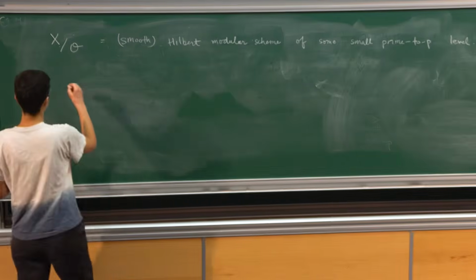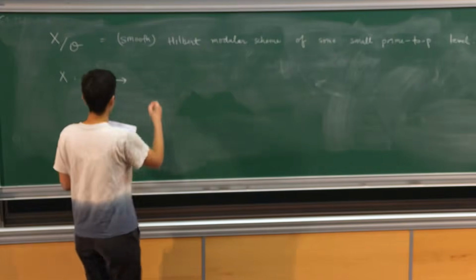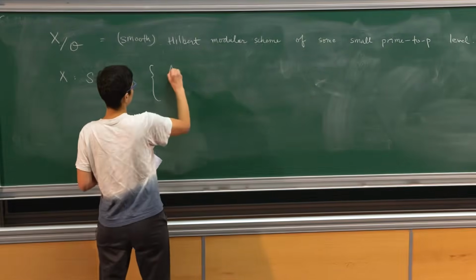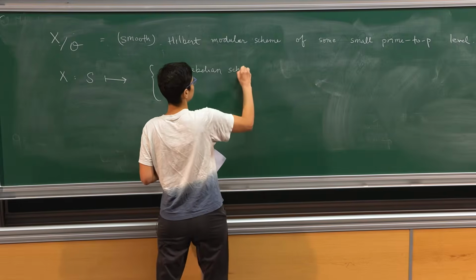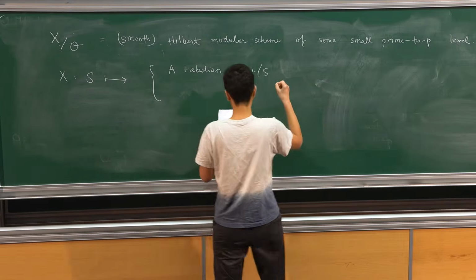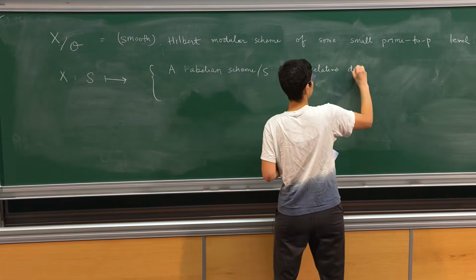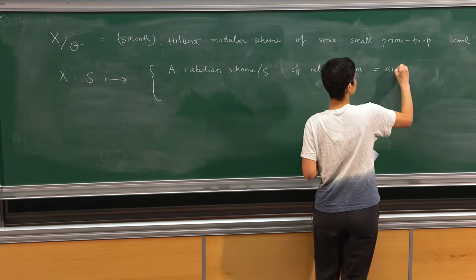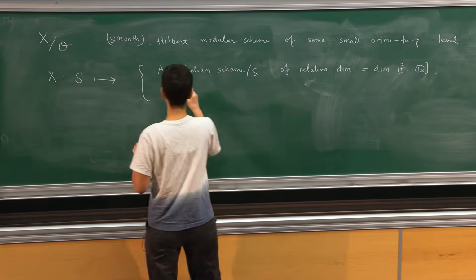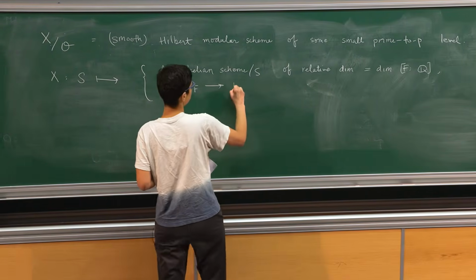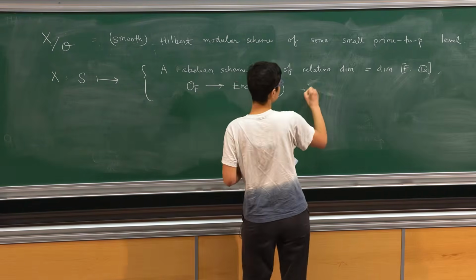And roughly, although this is not literally true, it parameterizes the following moduli problems: some abelian scheme over S of relative dimension equal to the dimension of F over Q. A ring map from OF to the endomorphisms of this abelian scheme over S. And some additional data.